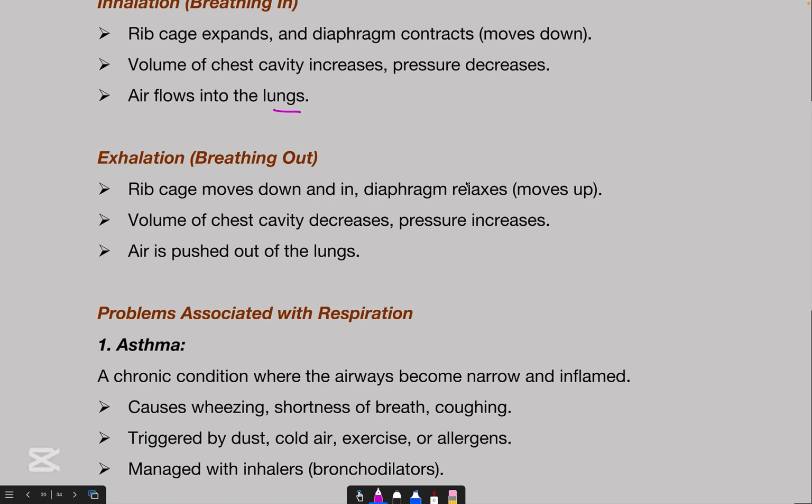Are you getting it? Some of the organs that we actually use here, you use the bronchi, you use the smaller bronchioles, then we have the alveoli that is present in the lungs. Gaseous exchange takes place in the alveoli of the lungs.